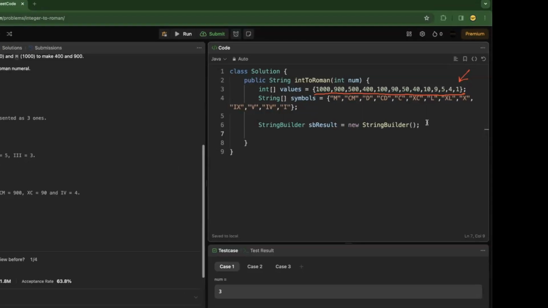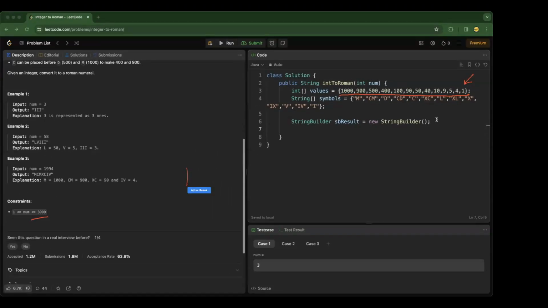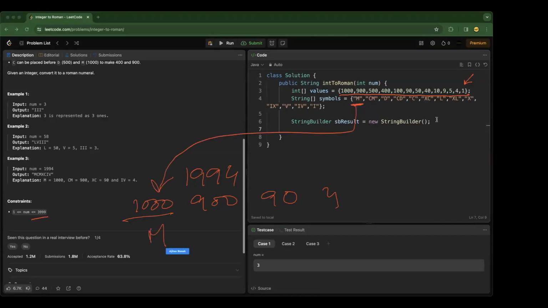So for example, 1994 requires 1000, 900, 90 and 4. 1000 has M. So that gets replaced by M. 900 has CM. Again, we require to write CM. 90 has XC and 4 has IV.